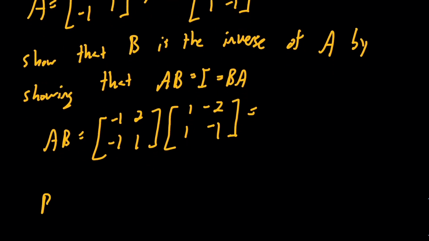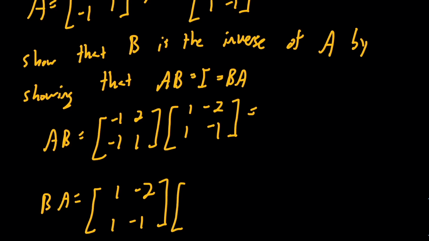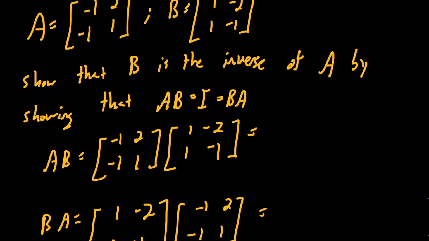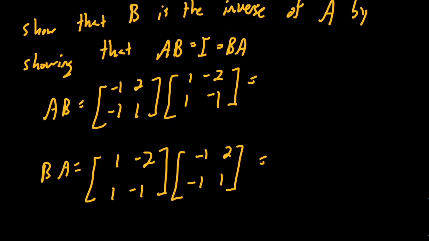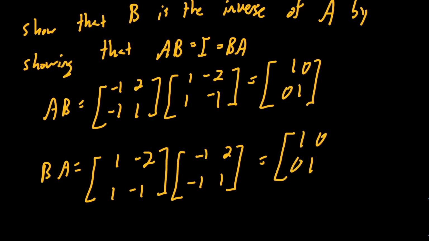Hopefully you guys still remember how to perform matrix multiplication. And you will see that I'm going a little bit out of order because if you plug this into your calculator, you would get that regardless of whether it's A times B or B times A, you are going to get these two matrices.